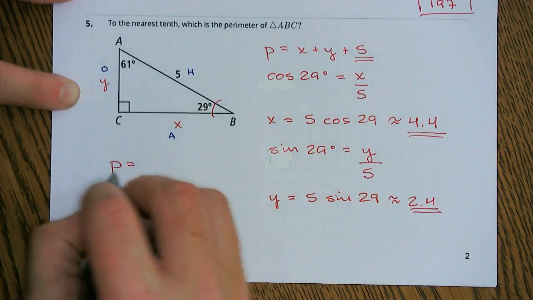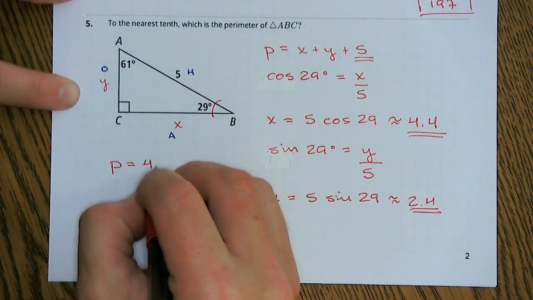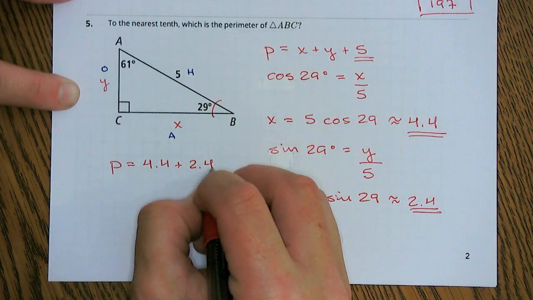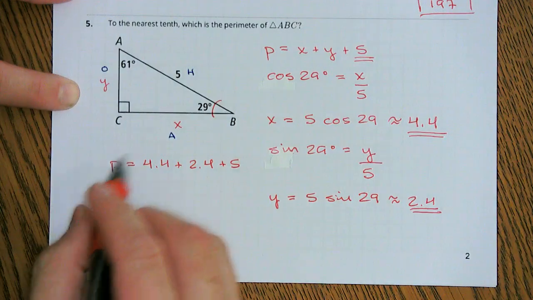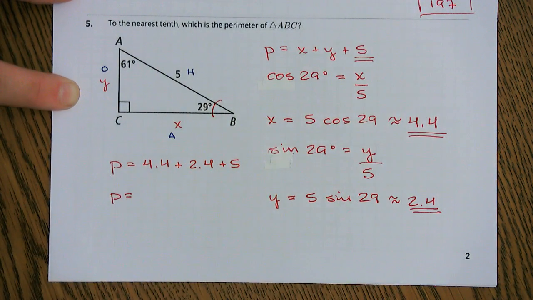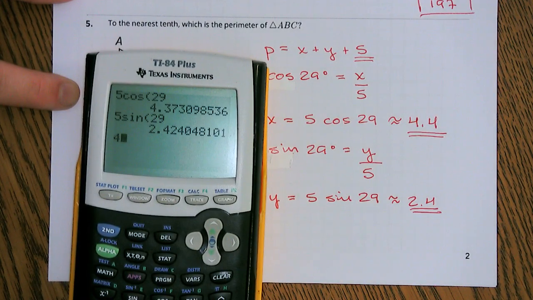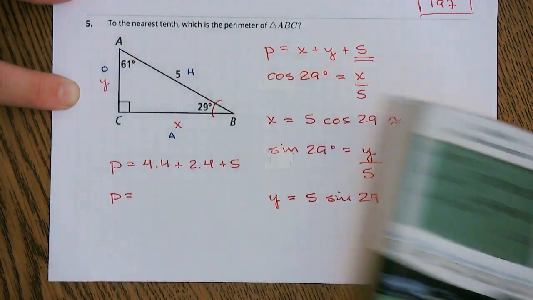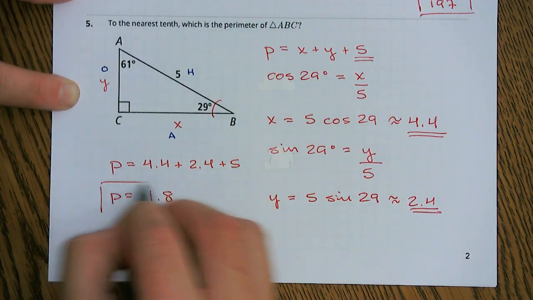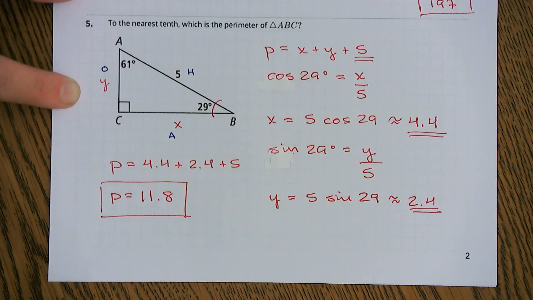Our perimeter is our x, 4.4, plus our y, 2.4, plus that 5 that we were given in the first place. So 4.4 plus 2.4 plus 5, altogether we're looking at about 11.8. And that is our perimeter.